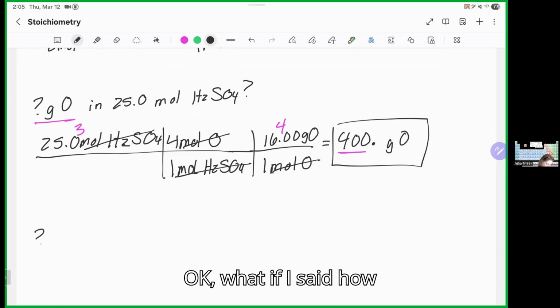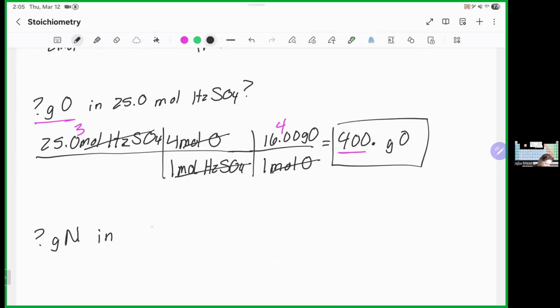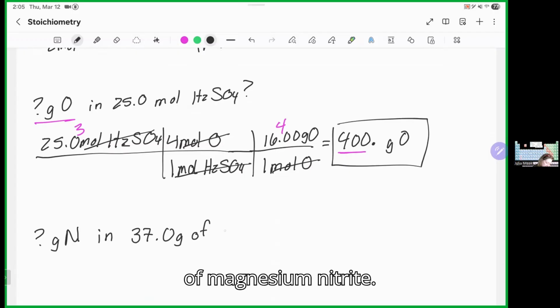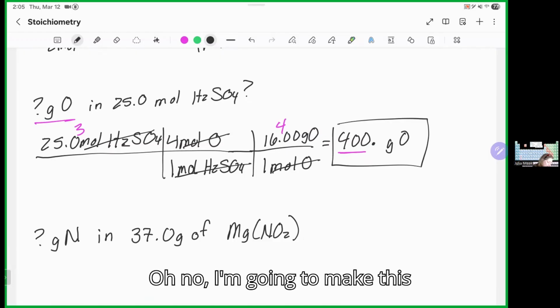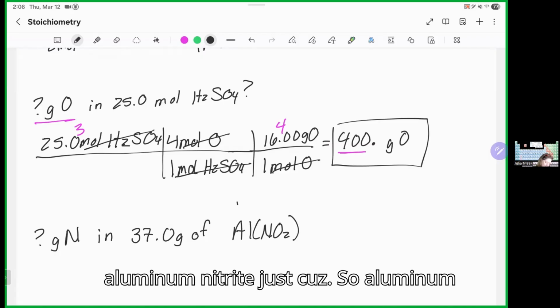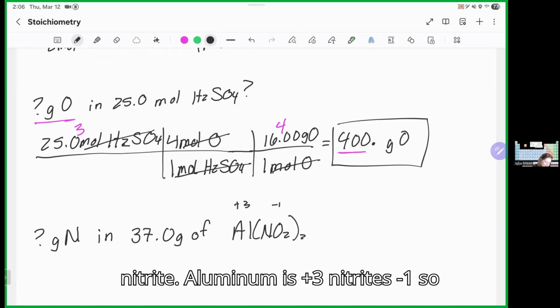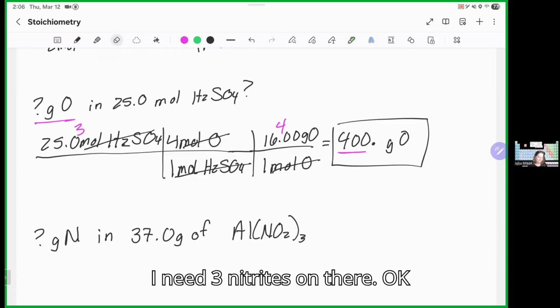Okay, what if I said how many grams of nitrogen in 37.0 grams of aluminum nitrite? Oh no, I'm going to make this aluminum nitrate just because. So aluminum nitrate. Aluminum's +3, nitrate's -1. So I need 3 nitrates on there.